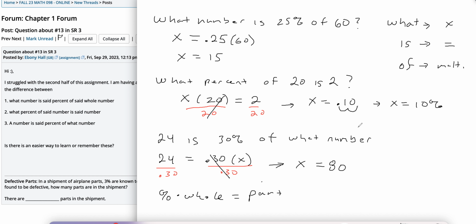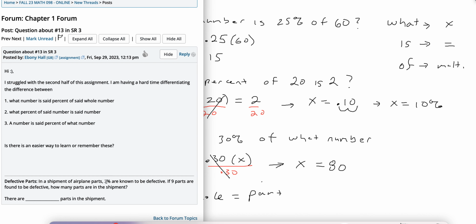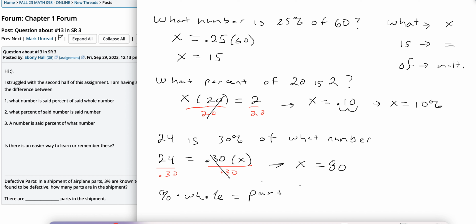So let's try that now. So here we do 3% was our percentage, and 9 is going to be the part, and we're trying to figure out the whole. So 3%, we'll do right here, 0.03, because of 3%, I'm moving my decimal twice, times the amount I don't know, the whole, would equal the 9 parts.